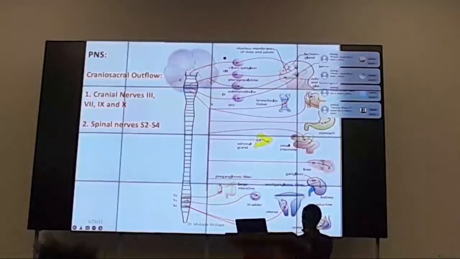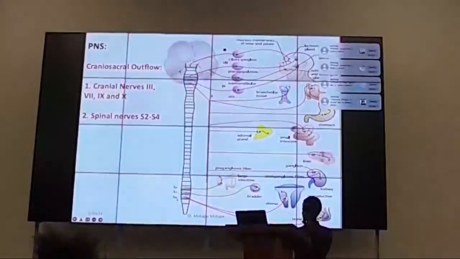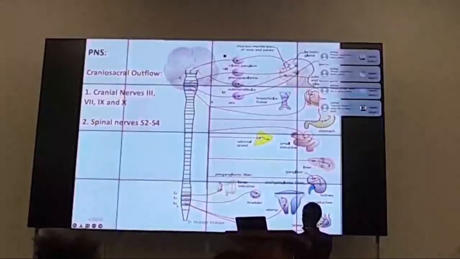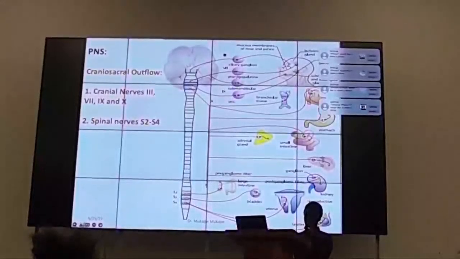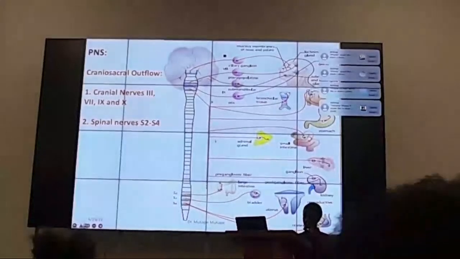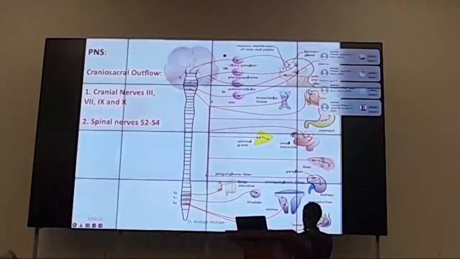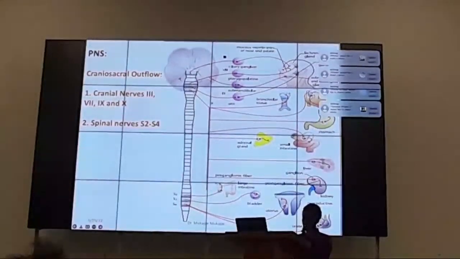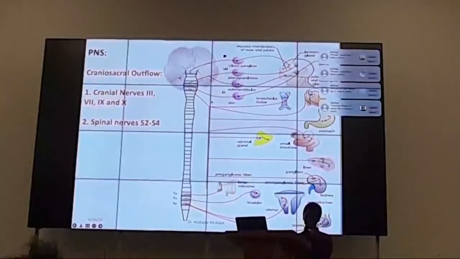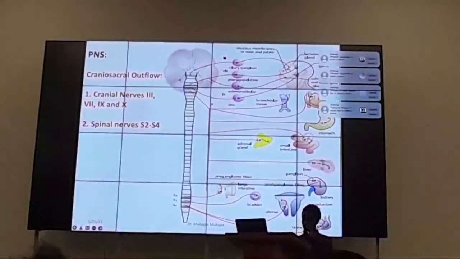What you need to know here is that the S2, S3, S4, they pick up where the vagus ended. The vagus, this is cranial nerve number 10. You can see that the vagus nerve goes all the way to supply even the intestines to the level of the splenic flexure of the colon.